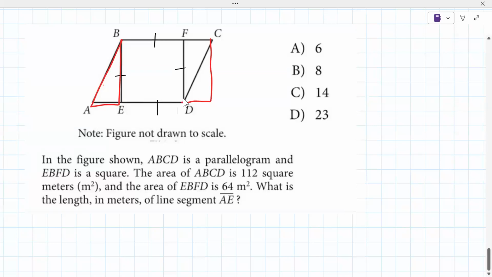All right, so I've kind of done enough here. Give this a try. See if you can come up with the answer here.